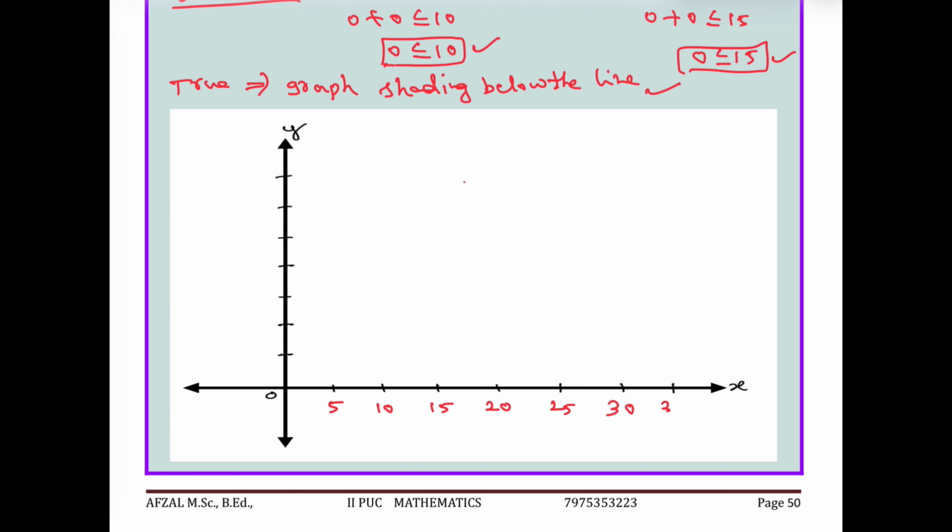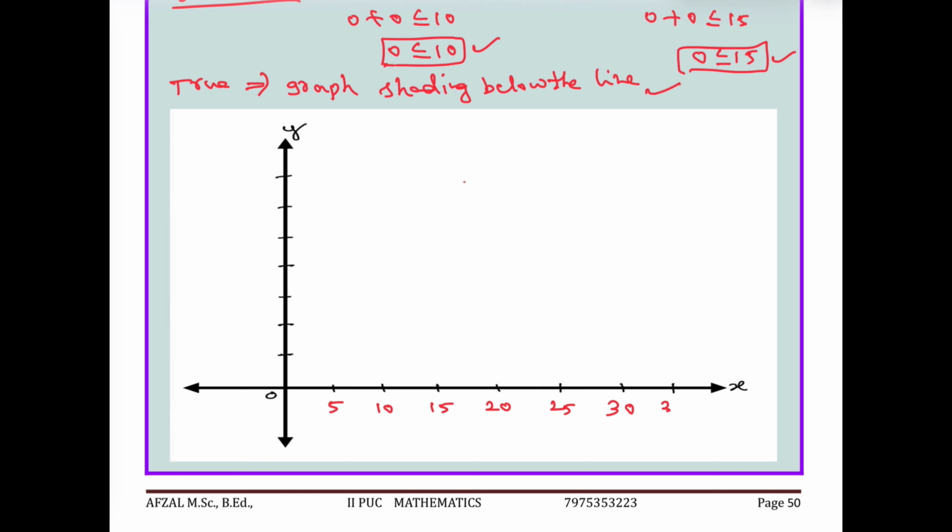Next, E intersection F. E is 3, 6, intersection F is 2, 4, 6. What is common here is 6. Then n of E intersection F equals 1 outcome. Then probability of E intersection F equals n of E intersection F divided by n of S, which is 1 by 6.